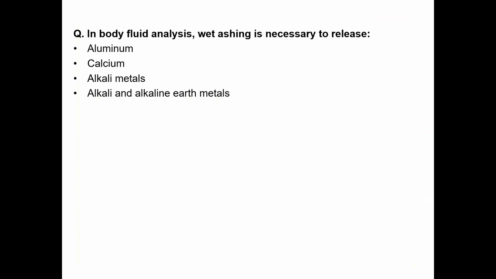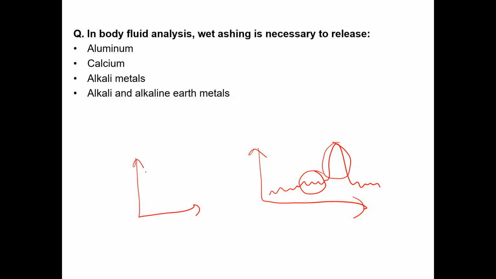So if you are getting a higher noise, if this noise is very high, and this is the signal, and I want to determine the detection limit, if I lower the concentration, at one point this signal will merge into the noise, right?